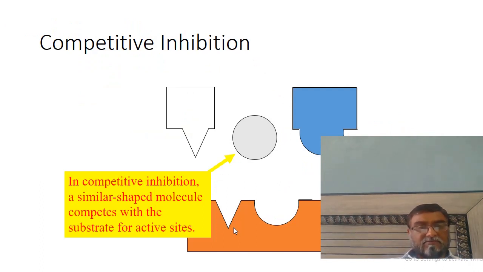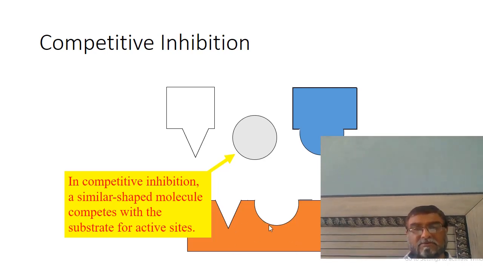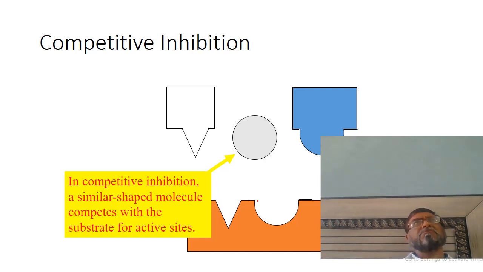So in the competitive inhibition process, a similar type of molecule competes with the substrate for the active site. If we look at the active site, you can see this is the active site.